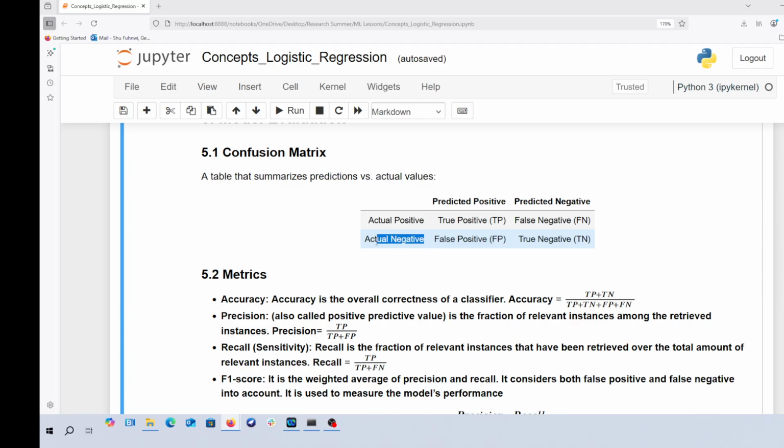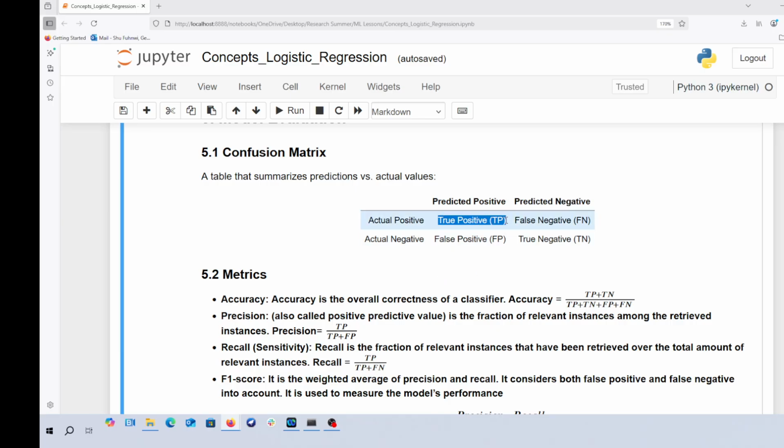Same for the actual negative, which is the case of non-spam text, which we give a 0. And the predicted negative is what our model was able to get from using the input features to make these decisions on whether a message is spam or not spam.